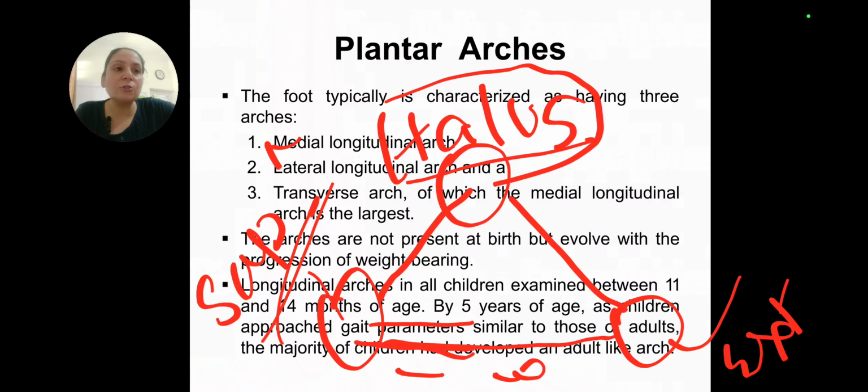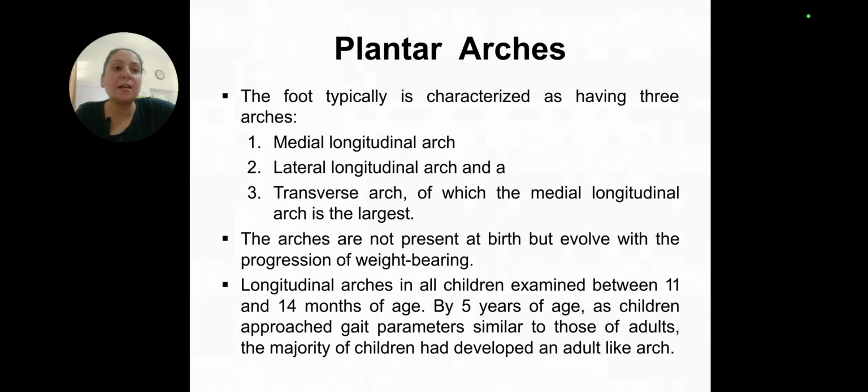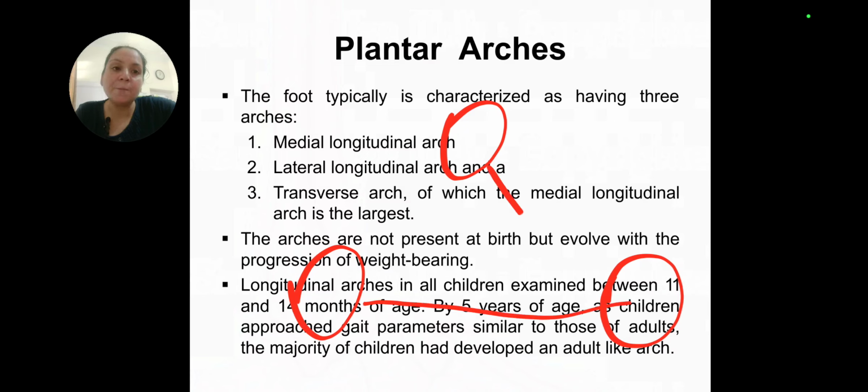Now the opposite can also happen. What will happen in the opposite condition? If this MTP extension doesn't take place properly, or is less due to any condition, as we have seen in hallux limitus or rigidus, where the MTP extension is reduced, and the extension is not taking place throughout the full range, the amount of pull will be decreased.